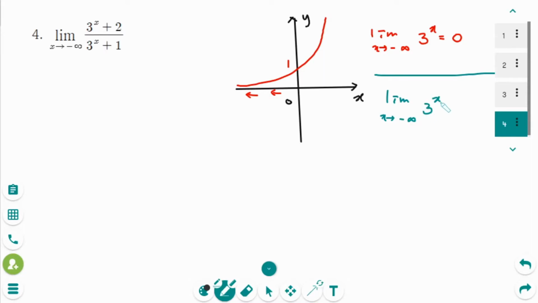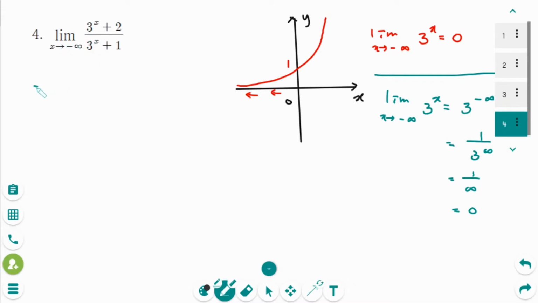Or you can just put minus infinity into x like this, and then make it a positive form. This is 1 over infinity, and that's the same as 0. Okay? So this is not infinity over infinity form. Just put minus infinity into x.